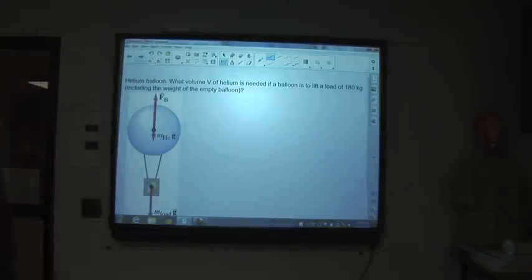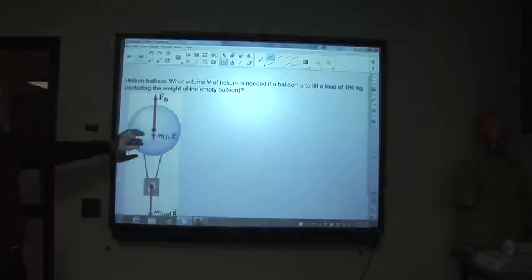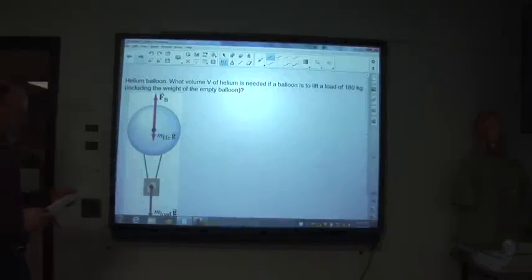So here we have a helium balloon, and we want to know how much helium has to go in this balloon in order that it will be able to go up in the air. Okay.